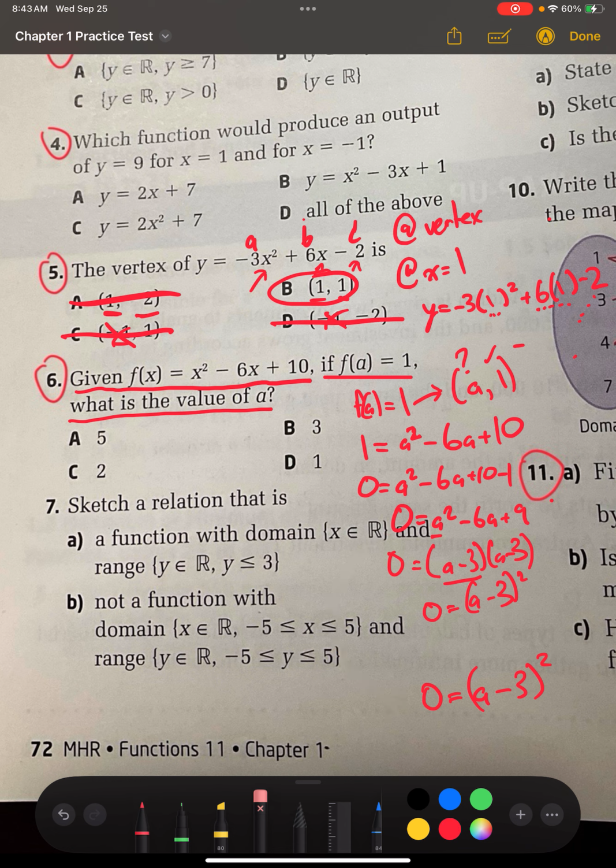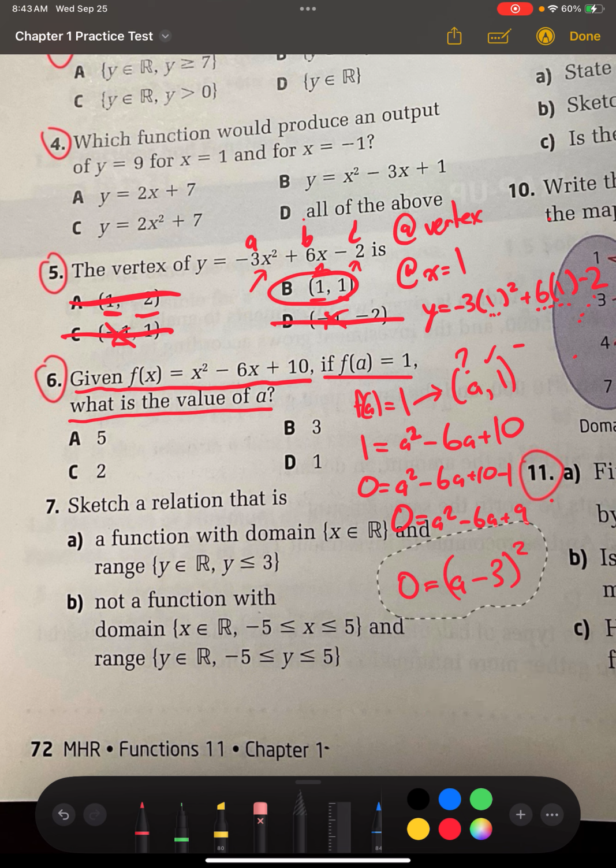But all you had to do was recognize that it's in fact a perfect square, and you can skip all that factoring. It's an opportunity to skip steps. You should never miss an opportunity to skip a step in math. But I showed you how to do it without skipping. Okay, moving on.